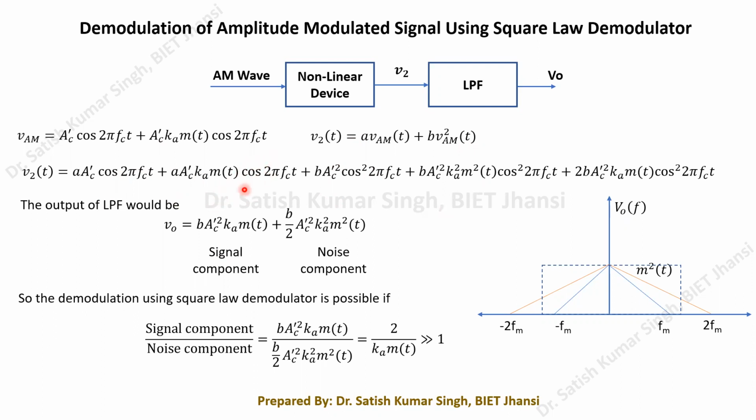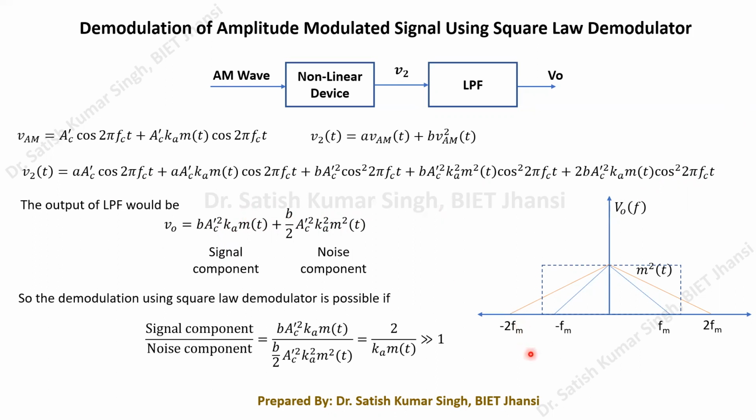It is going to give you one DC component plus a component at 2 FC, so all these things will be rejected. This DC component will be blocked by the DC blocking capacitors. Similarly here, the cos 4 pi FCT term is going to be rejected. So only these two terms are left after the low pass filter.